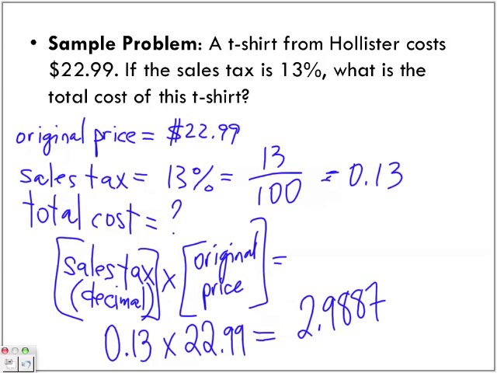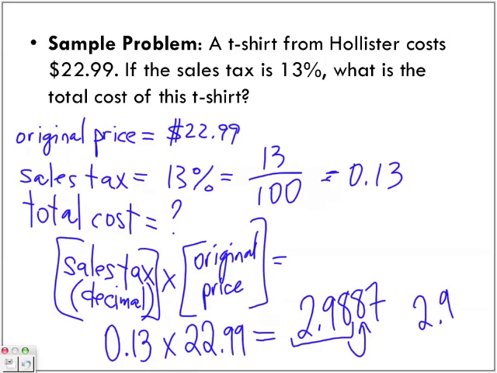So what numbers do I need to keep? 2. Anything else? 9. Anything else? 8. Right, I need that. But what am I going to do then? Then I'm going to look at the number here. So what is now the actual amount of the tax? $2.99.